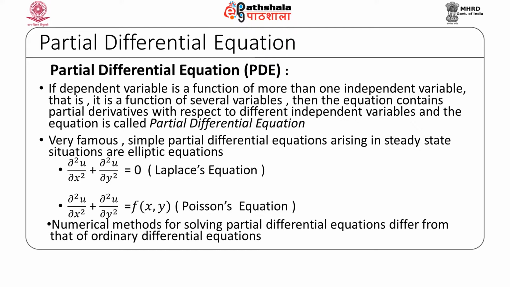So, how is ∂²u/∂x² derived? u is a function of x and y, so you differentiate u 2 times with respect to x as if y is a constant, and similarly ∂²u/∂y² is obtained by differentiating u with respect to y, treating x as constant. And the Poisson equation is ∂²u/∂x² plus ∂²u/∂y² equal to a function of x, y.